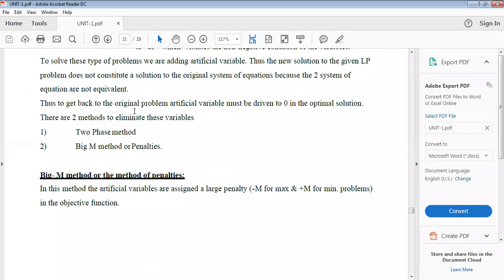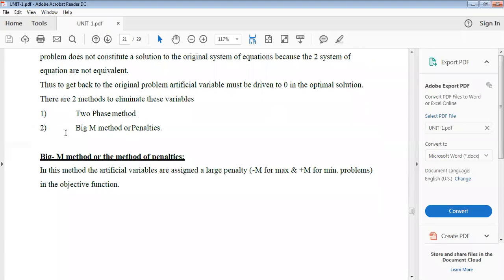Thus, to get back to the original problem, the artificial variable must be driven to 0 in the optimal solution. There are two methods to eliminate these variables: one is the two-phase method, and the second is the big M method or penalties method.